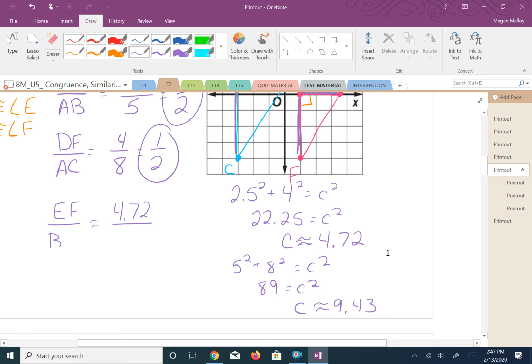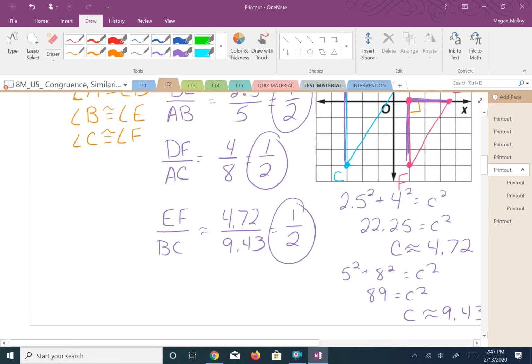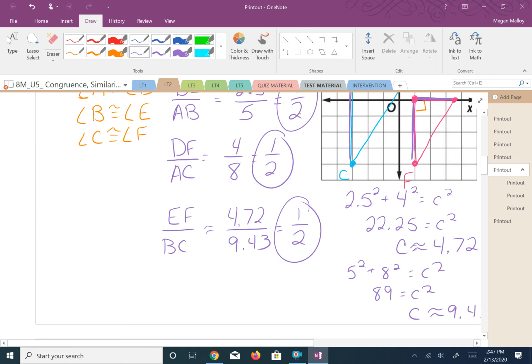So BC is approximately 9.43. And if I divide those, remembering that we did round them, so 4.72 divided by 9.43, that gets us just about 1/2. So we would see that pattern. All sides have the same ratio when we are comparing them, which means that the sides are proportional.